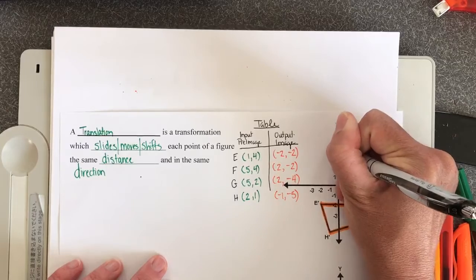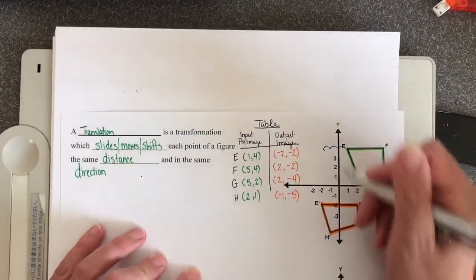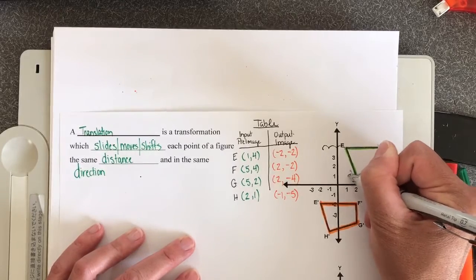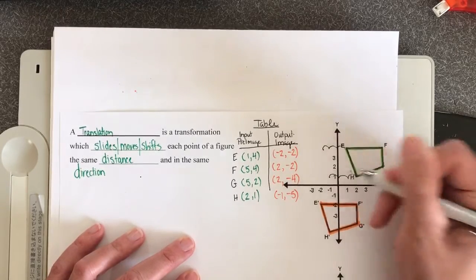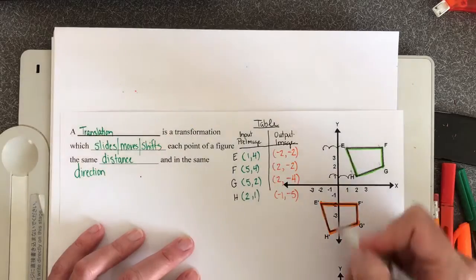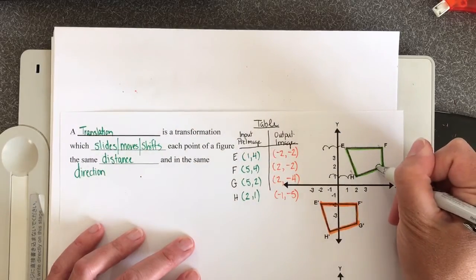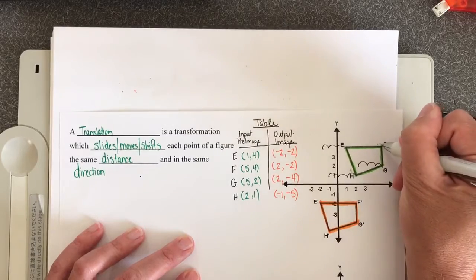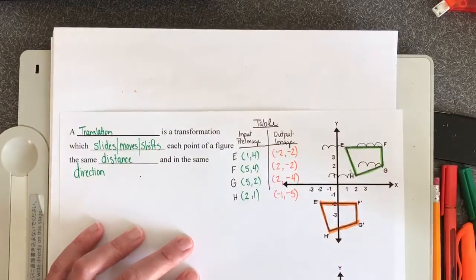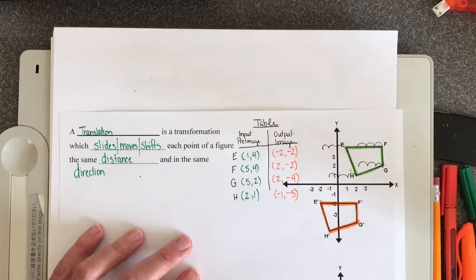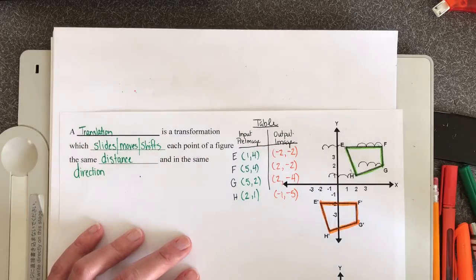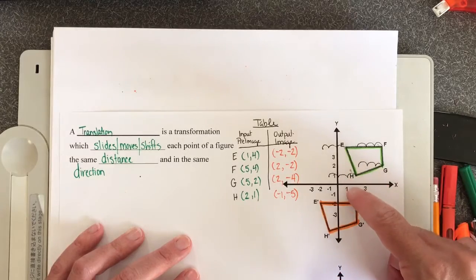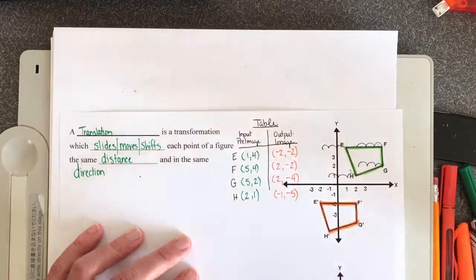1, 2, 3. Well, if that's true, all of our points should have shifted left 3. 1, 2, 3. 1, 2, 3. And 1, 2, 3. So then how many did we shift down? It appears that we've gone down 1, 2, 3, 4, 5, 6.